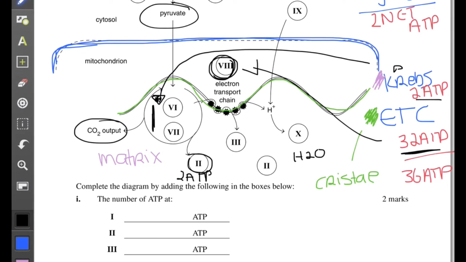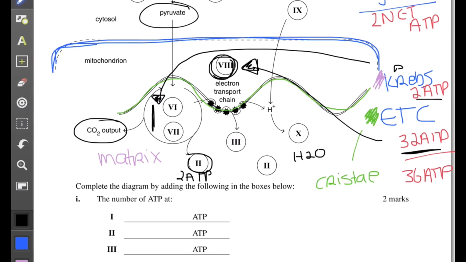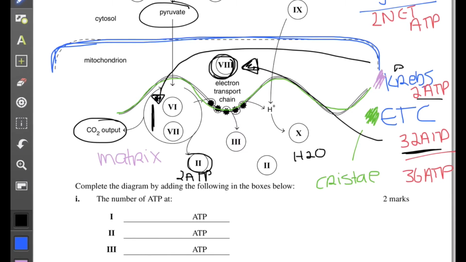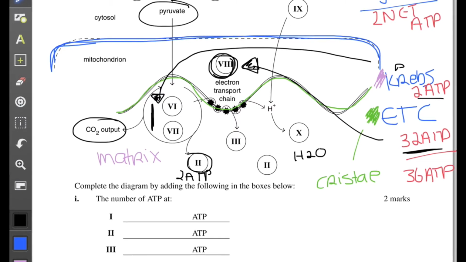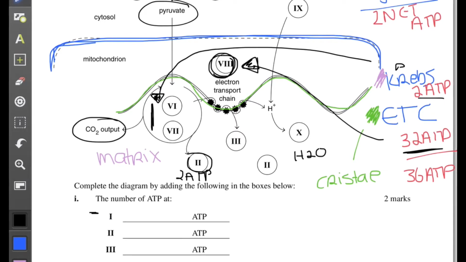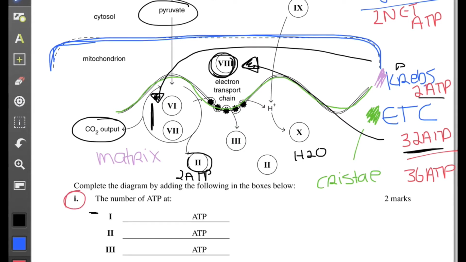Now I'll just keep this up here and I'm just going to read through the questions so that we can see the visual. Alright, so complete the diagram by adding the following boxes below. The number of ATP at I, which is up here. Let's see if I can colour code this. So we'll do I in red.